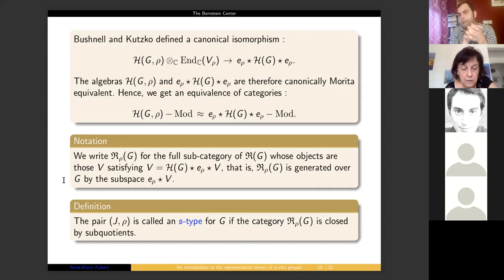Okay, so now we have this. We introduce the following notation.